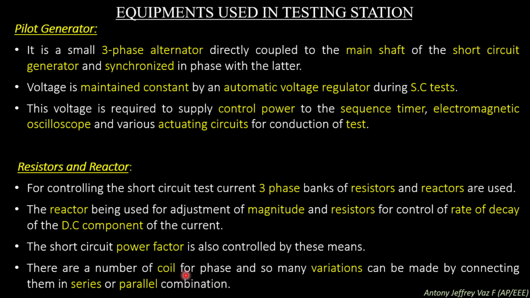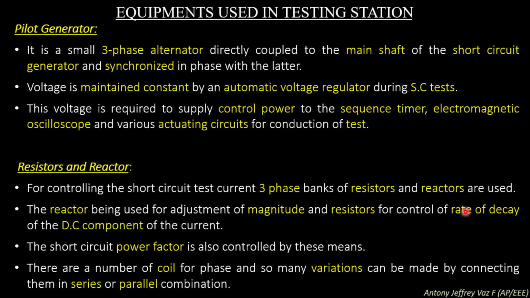There are a number of coils per phase, and so many variations can be made by connecting them in series and parallel combination. So, the resistors and reactors are made in such a way that several coil outputs are available, so that by connecting or disconnecting the coils, the resistance and reactance value can be increased or decreased by connecting in series or parallel combination, and so many varieties of combinations can be made.